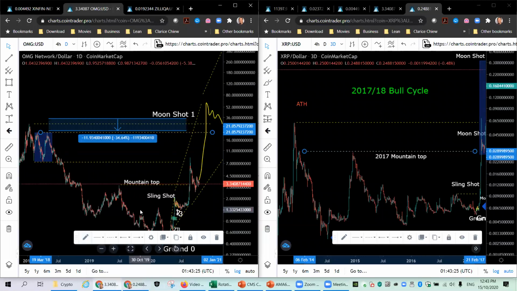So note that most likely it won't come back down below $20 once it pushes up into breaking its all-time high. So I think it's going to follow what XRP did. So just watch out for those of you who are holding OMG.